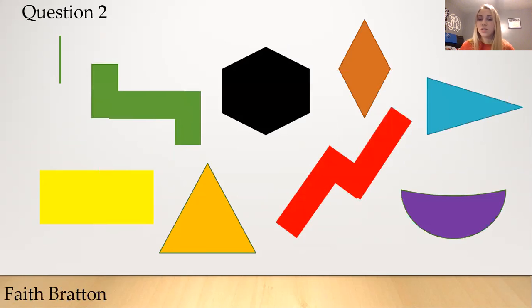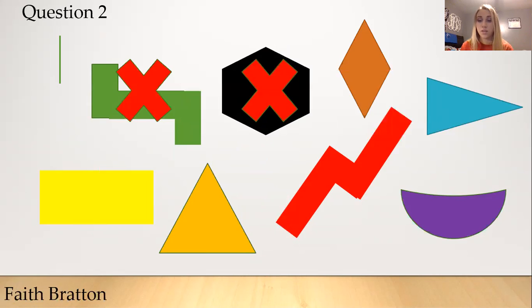We are now demonstrating the shapes that have one line of symmetry and rotational symmetry. We are first going to show the green shape. We know this figure did not have a line of symmetry but had rotational symmetry, but not both. So that's not answering the question because it has to have both. The hexagon, in black, has more than one line of symmetry, but it's only asking for one, so that's not it either.